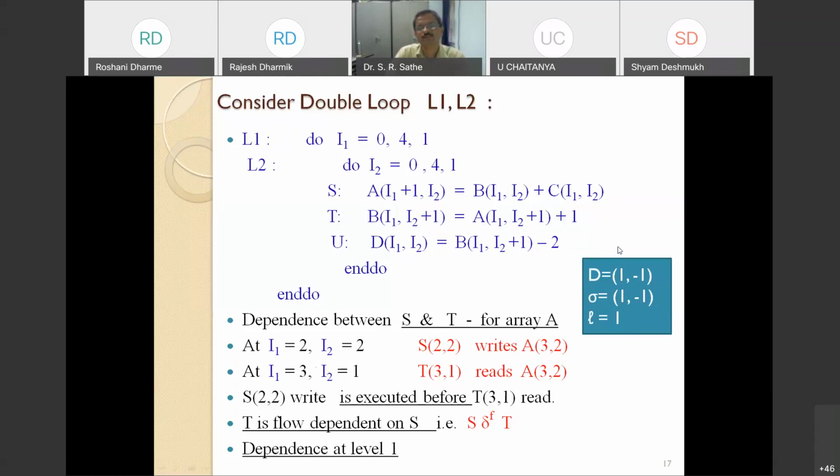This is level 1, this is level 2. Counting is from left to right. The first entry refers to the outermost loop, I1, and the minus 1 refers to the innermost loop, I2. So level 1. This is the read after write. Any questions on this? I think this answers the query that was raised.